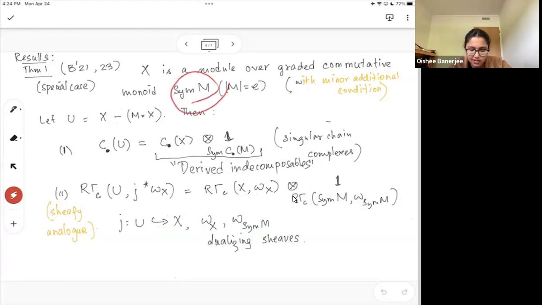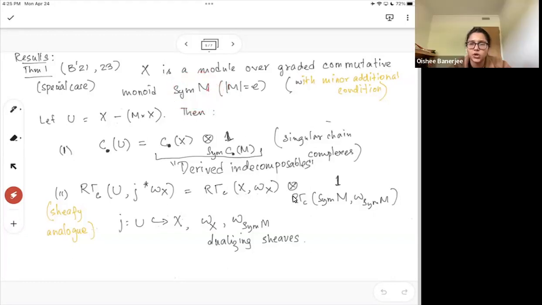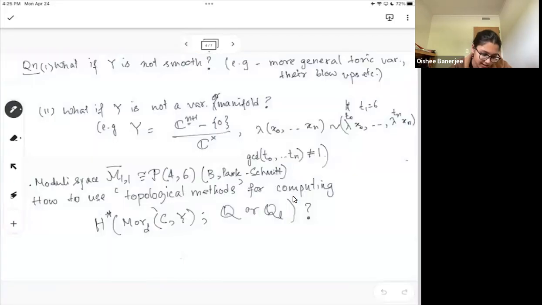One simple way to generalize this is that instead of having a graded monoid, you can have a partial monoid of the form like sim M1 disjoint union sim M2. And in fact, that is precisely the case that comes into play: being a module over a graded partial monoid is what comes into play if you want to have estimates about something like a toric variety.